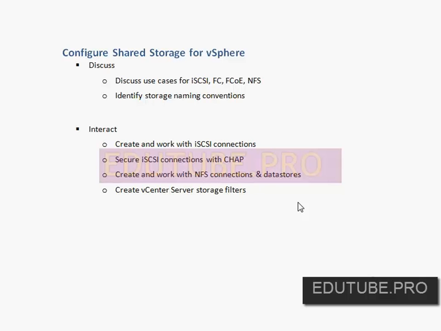I also want to show you NFS connections and data stores in this nugget as well, because those NFS connections and data stores are a little bit different. The configuration is just slightly different than iSCSI. NFS is actually developing kind of a fan base from a lot of administrators.